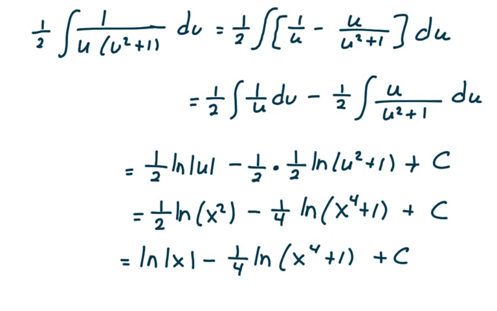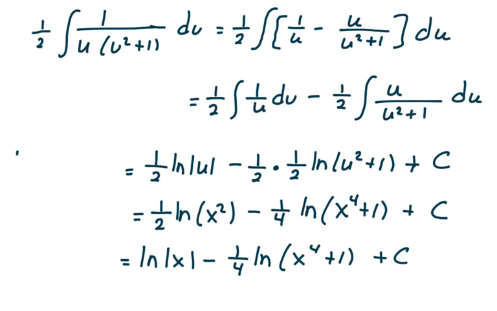So if I split up the integral, I get 1/2 the integral of 1 over u du minus 1/2 the integral of u over (u squared plus 1) du. Okay? Now, this is equal to 1/2 the natural log of the absolute value of u minus 1/2 times 1/2 natural log of (u squared plus 1) plus c.